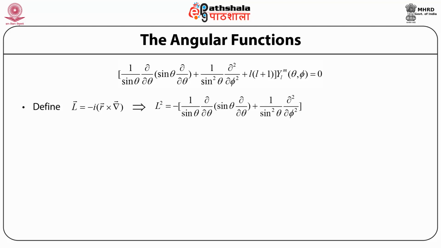On using the operator ∇ in spherical polar coordinates, we can easily verify that L² equals minus [(1/sin θ) ∂/∂θ (sin θ ∂/∂θ) plus (1/sin²θ) ∂²/∂φ²], where L² equals L dot L equals Lx² plus Ly² plus Lz².